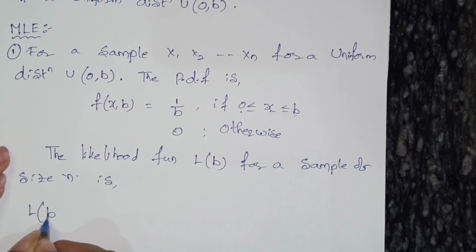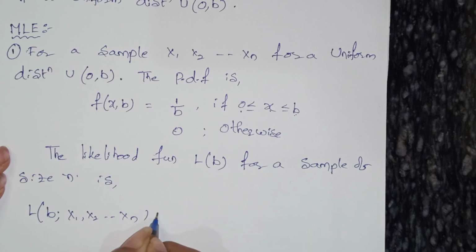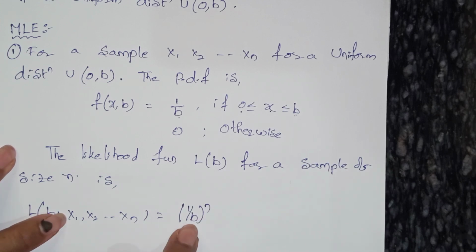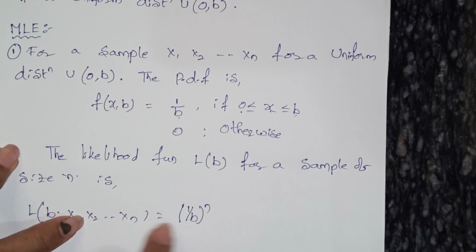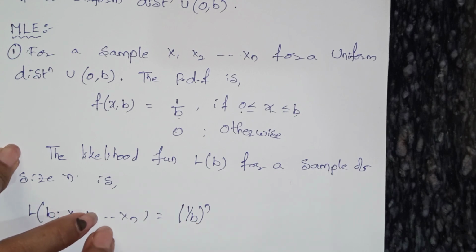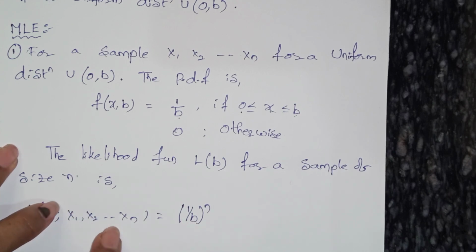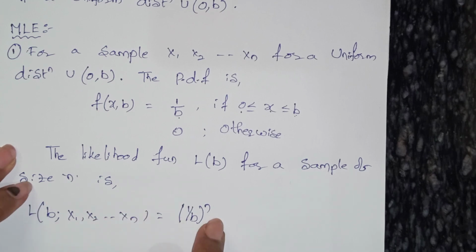L of B, x1, x2 and so on up to xn equals 1 by b to the power of n. Why? Because if we keep x1, this term comes. For x2, again this term, for x3, again this term. So there are n terms. That's why I kept 1 by b to the power of n.